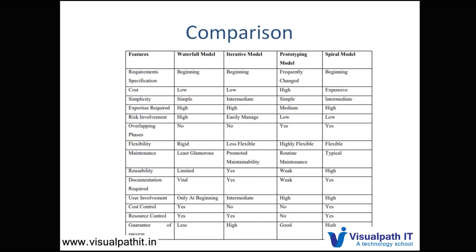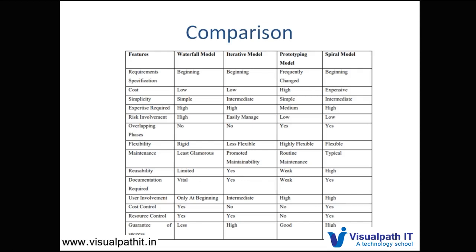How is the complexity? What expertise do we have, like do we have an expert team to develop that, and the different things like the reusability, user involvement, what is the cost. Depending on all these factors, we can compare the different models.